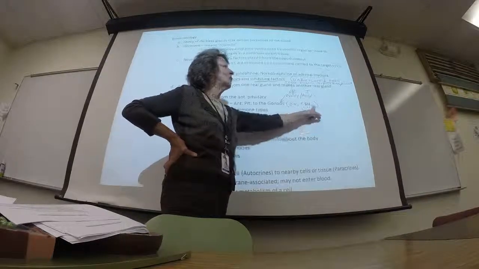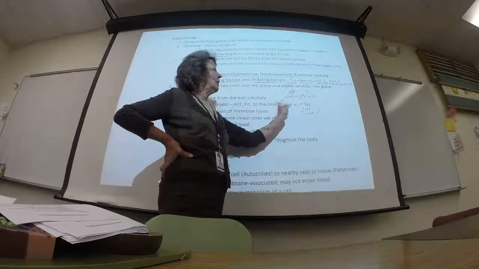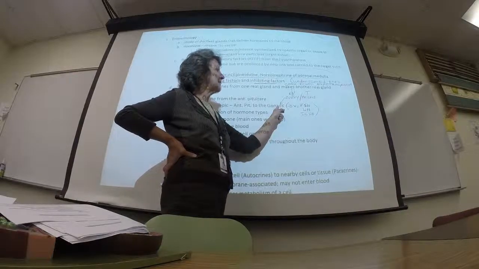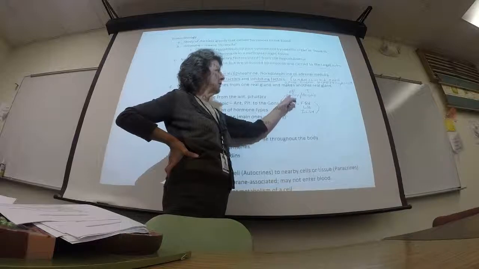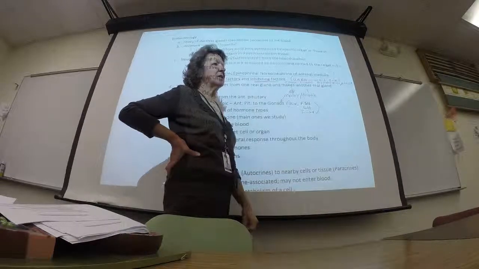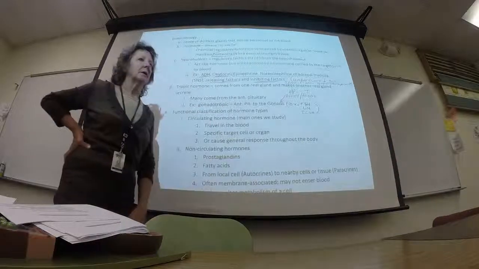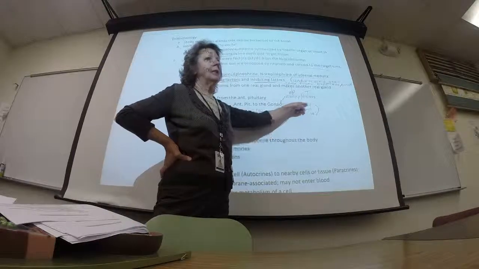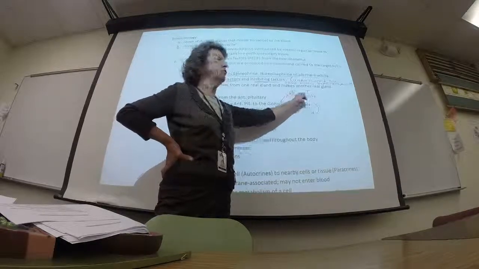These are ones that have an effect on the ovaries of women or the testes of men. For example, it makes the ovary make estrogens and progesterone, and it makes the testis make testosterone. So these are your gonadotropins coming from your anterior pituitary to go to these red gonads.